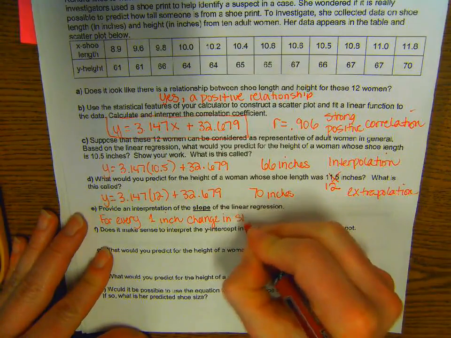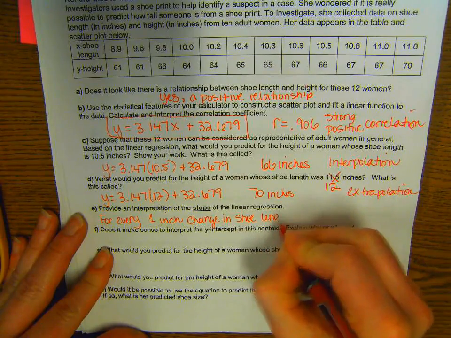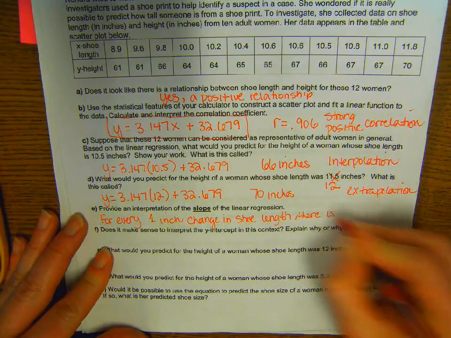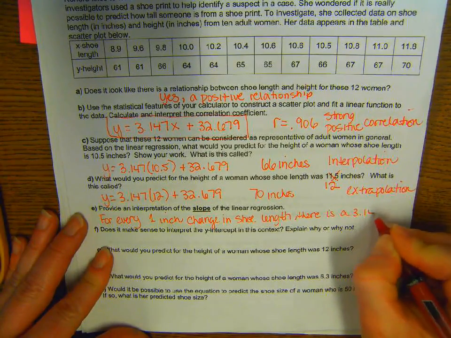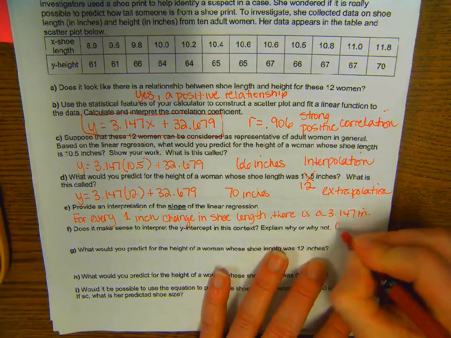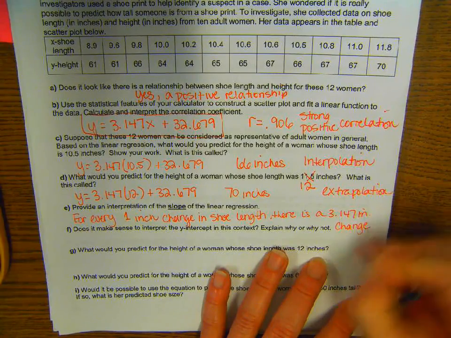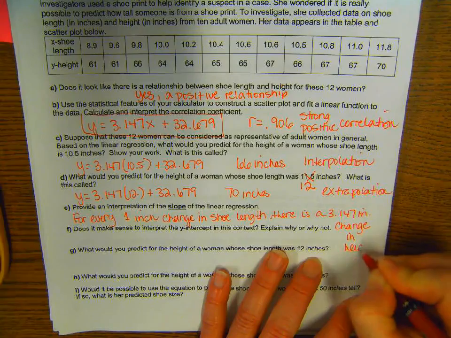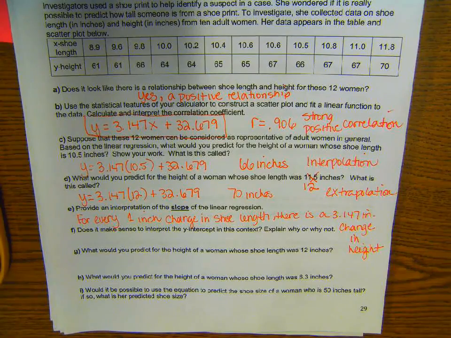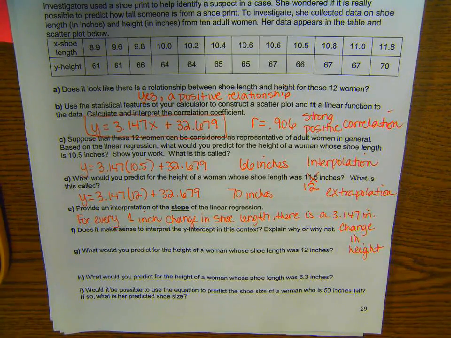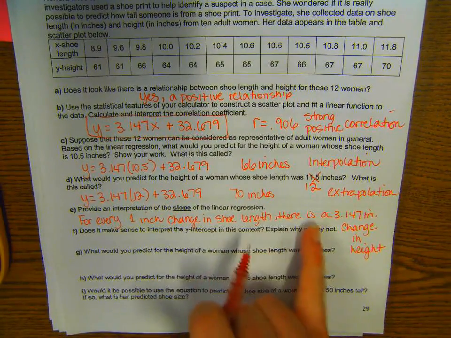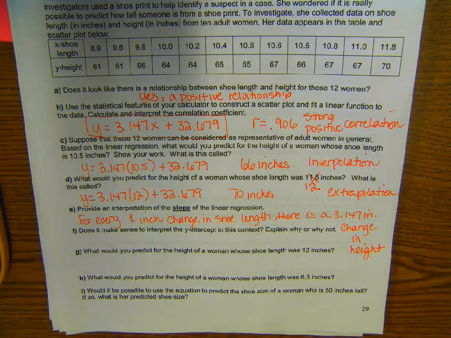Shoe length. There is a 3.147, you can round it if you want, inch change in height. So the slope is just telling how does your y change for every x change. So for every 1 inch change in shoe length, there is a 3.147 inch change in the height.